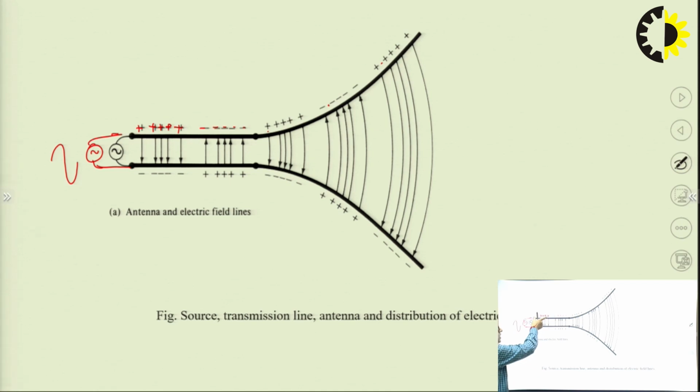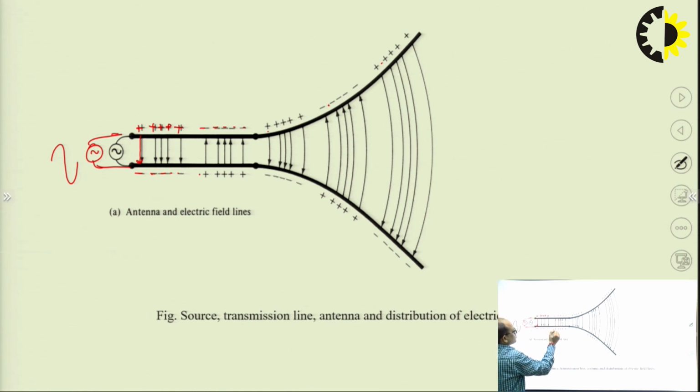When there is positive charge here, negative charge will also automatically be produced here. And with these positive and negative charges, the electric field will move from positive to negative terminal. These are the directions of the electric field, and this combination of positive and negative charges produces what? Current. And when there is a flow of current in this transmission line, there will also be a magnetic field, which is perpendicular to the electric field directions.